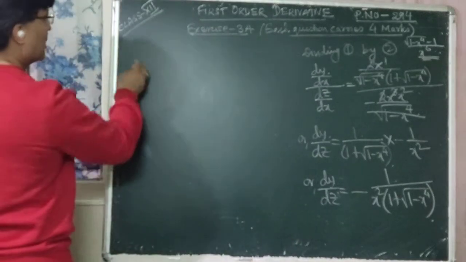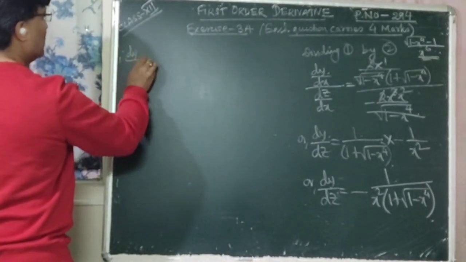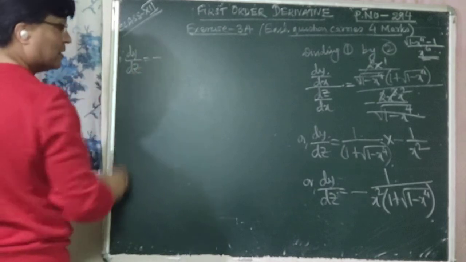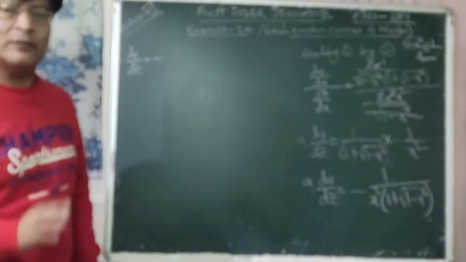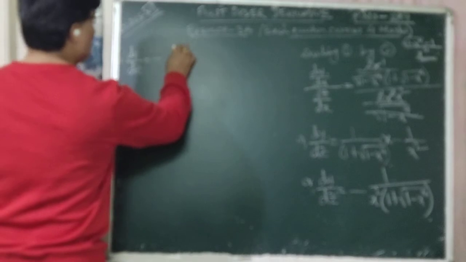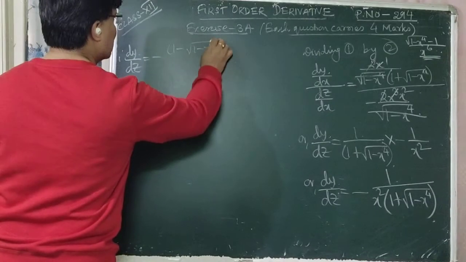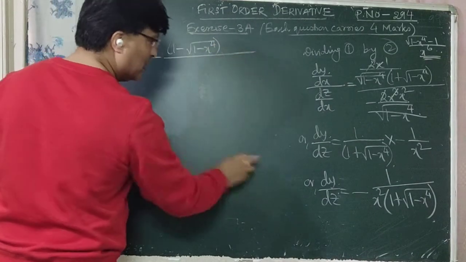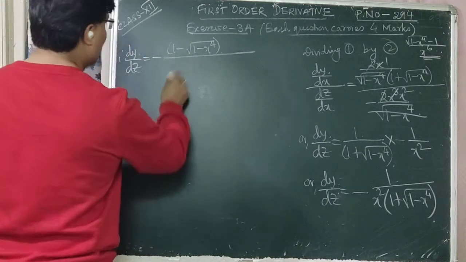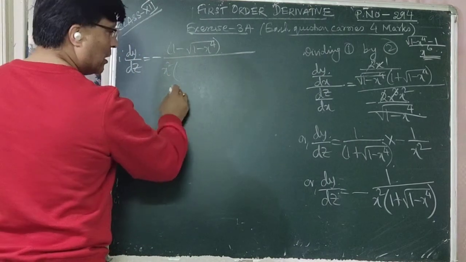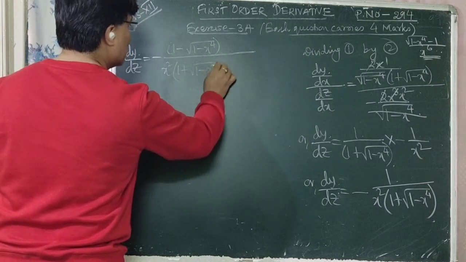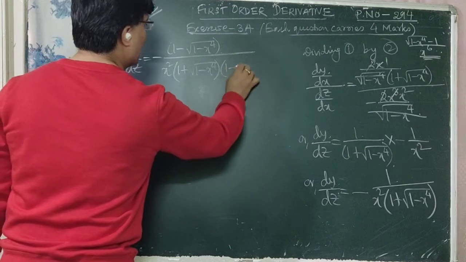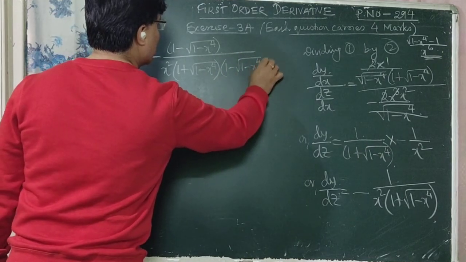So let us rationalize the denominator. Therefore, dy by dz is equal to minus. That means by which factor will you multiply both numerator and denominator? 1 minus root over 1 minus x to the power 4 divided by, in the denominator it is x squared into 1 plus root over 1 minus x to the power 4 into 1 minus root over 1 minus x to the power 4.